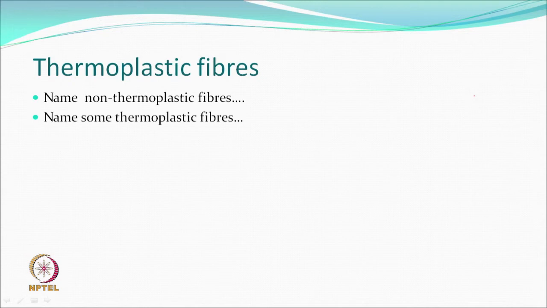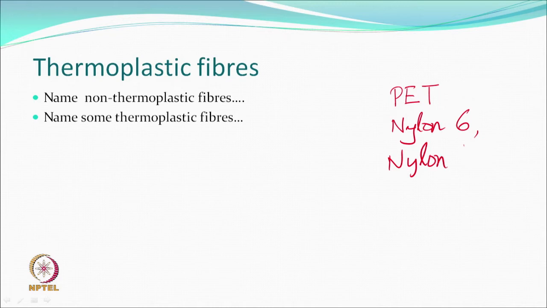So, some of the thermoplastic fibers we have already been talking about. The synthetic fiber that we talked about, polyester, the nylon, whether it is 6 or nylon 6,6, they are commercial, polypropylene, acrylic, they are thermoplastic fibers. Okay.